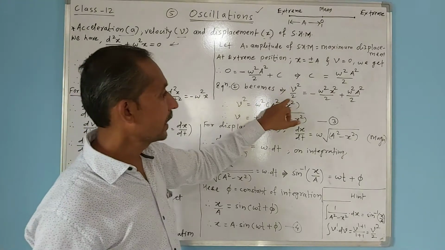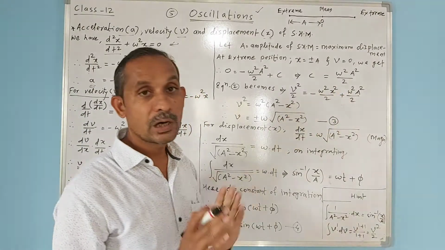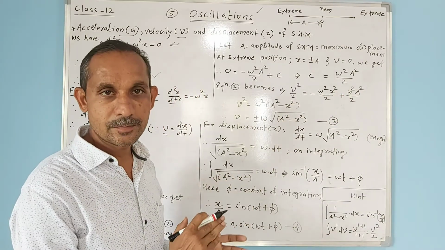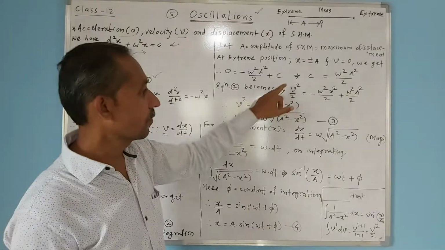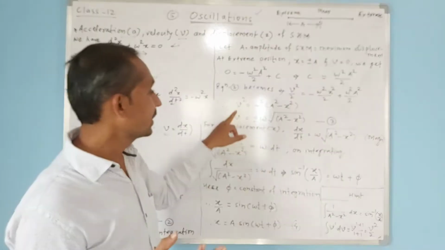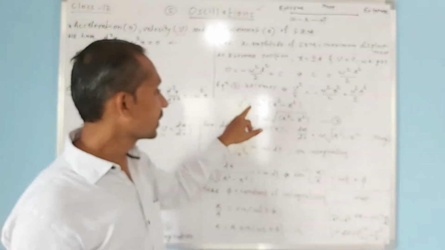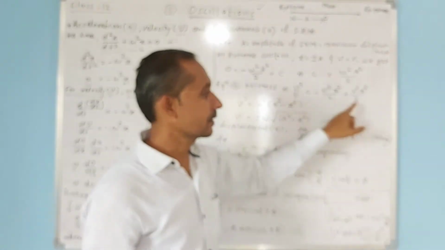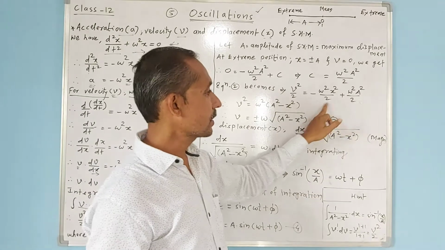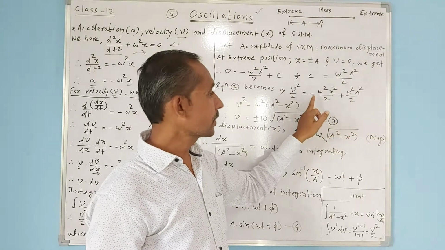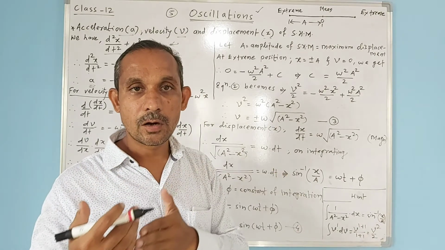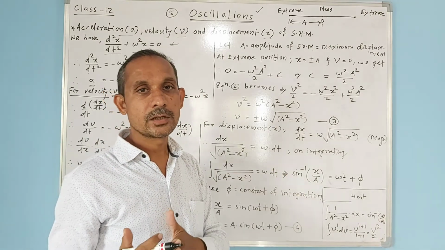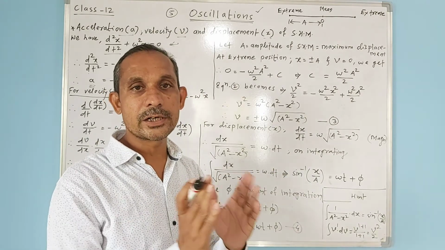Then 1 by 2 is common, so we can cancel it. Remaining is v square equals, on the right hand side there are two terms. The first term is negative, the second term is positive. Always write the positive term initially.